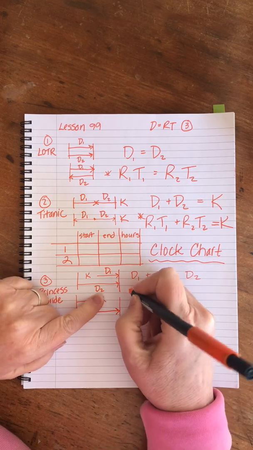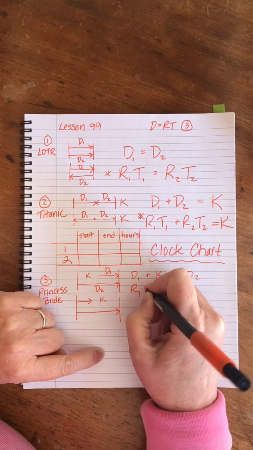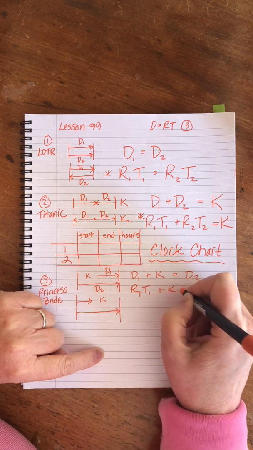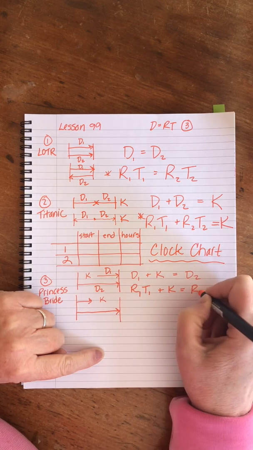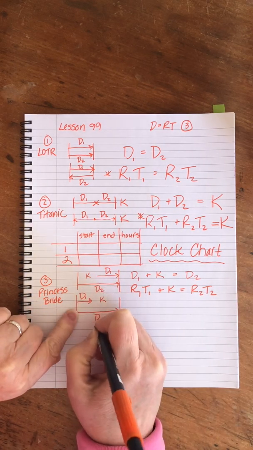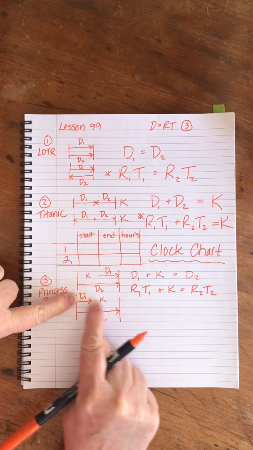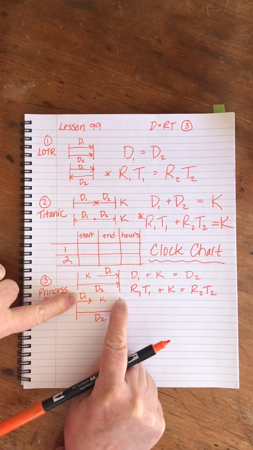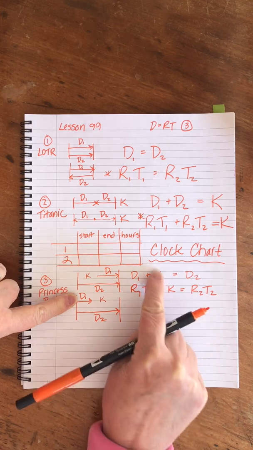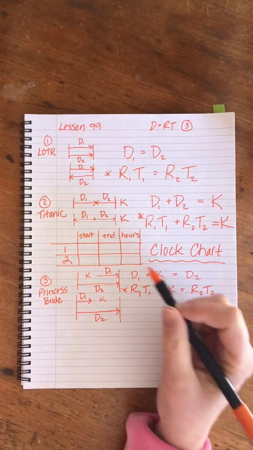And so again, if we blow it out, we see R1 T1 plus K equals R2 T2. And this works the same way. The distances are unequal, but K is the difference or the gap between them. And so we can add that into our equations, and that's how we'll balance.